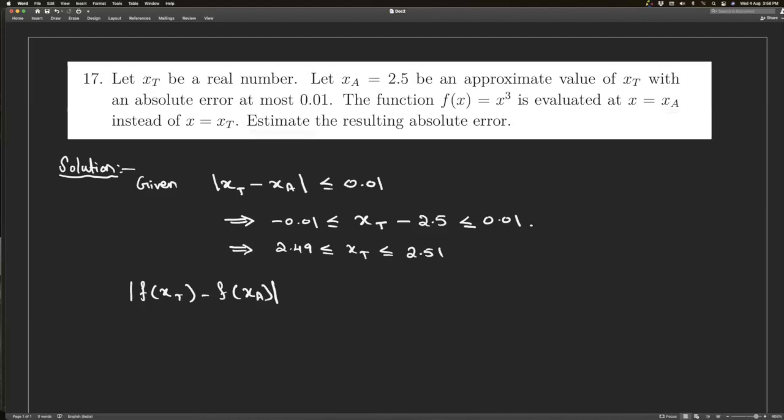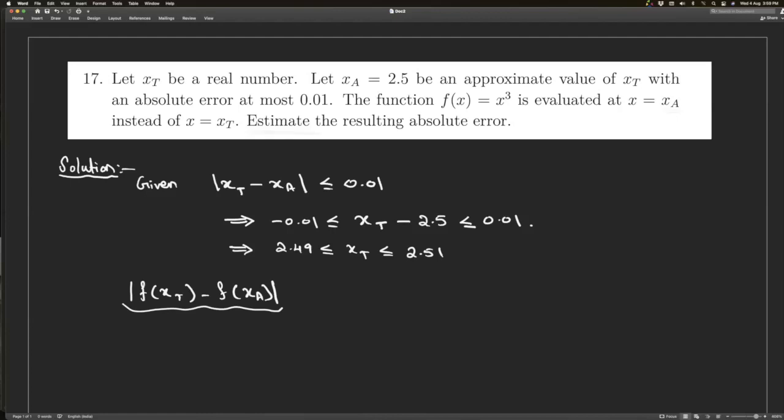Now we have to find an upper bound for this. Remember, estimate means you have to find some number k which is constant and should not depend on both xt and xa, right? Now the question is how to arrive at such an upper bound. Well, the moment you write this, you get a clue that you may have to use the mean value theorem. Let's use this.